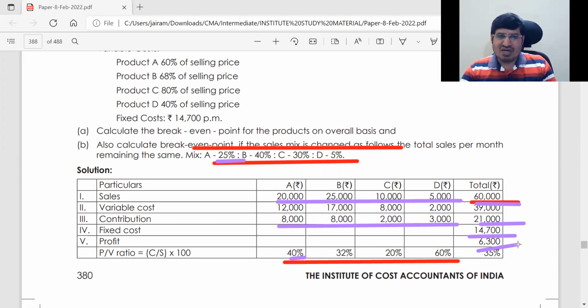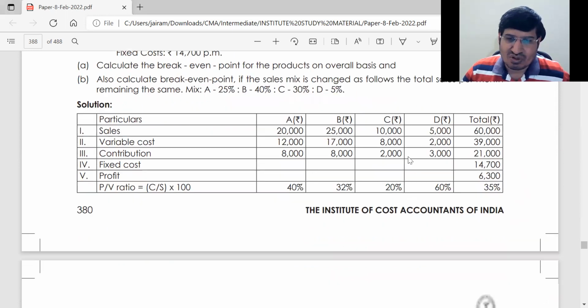Now the second thing is, break-even point will be F upon PV ratio. In this case also, the total contribution will change a bit, because each of the four proportions is changing, so the total will change a little.